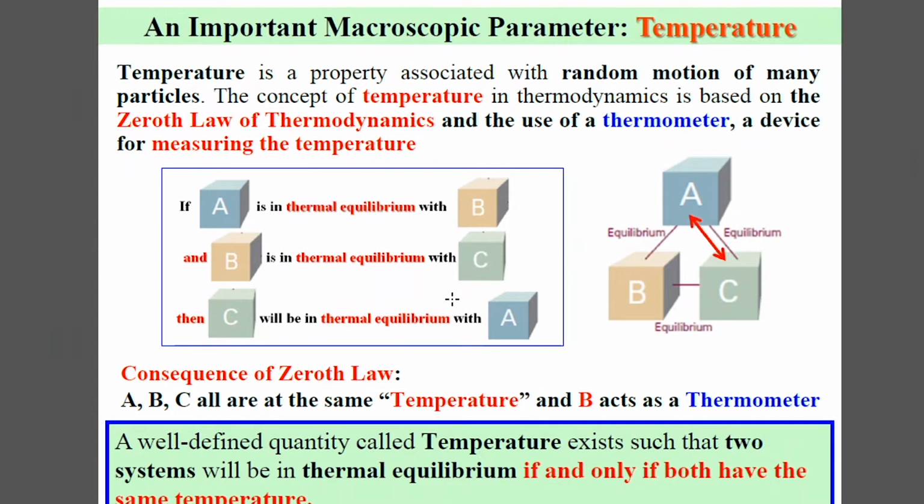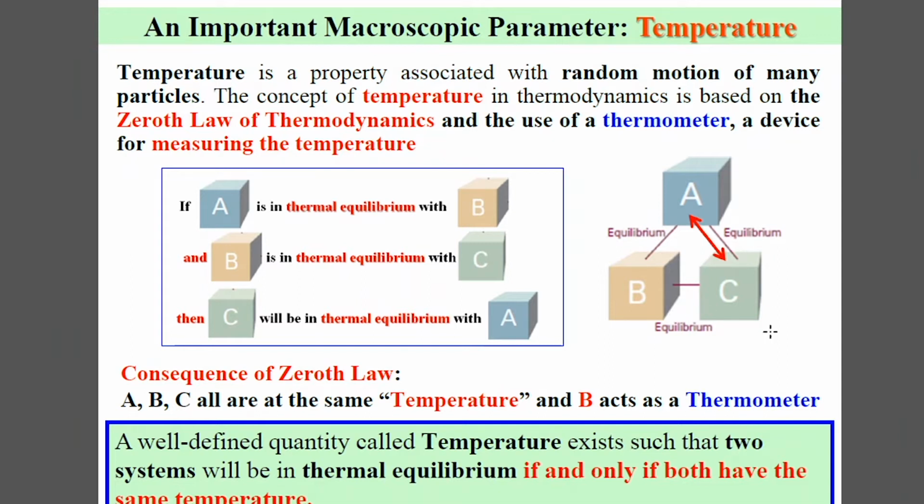What does the 0th law state? The 0th law states that if I have a system A and a system B, which are connected through a diathermic wall, or are in thermal equilibrium, and B is again in thermal equilibrium with C, then eventually we see that A will be in thermal equilibrium with C. So what is happening? All of A, B, C are at the same temperature.